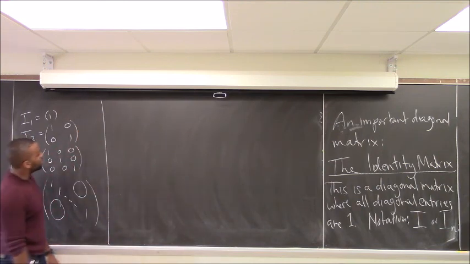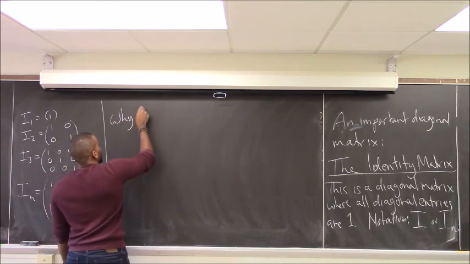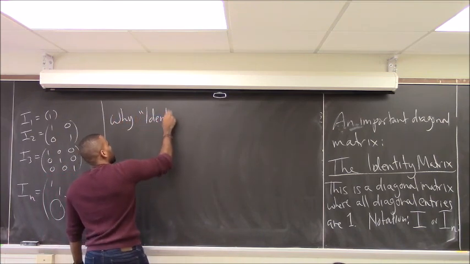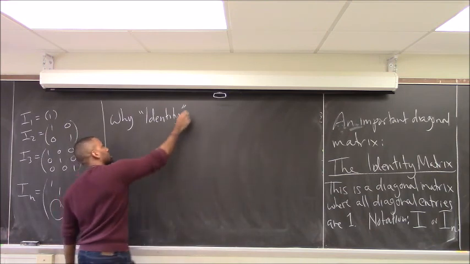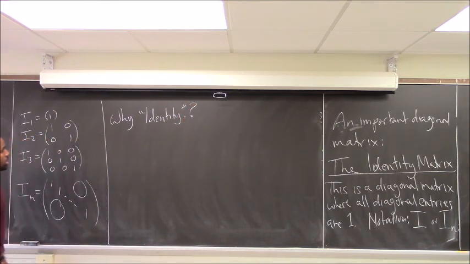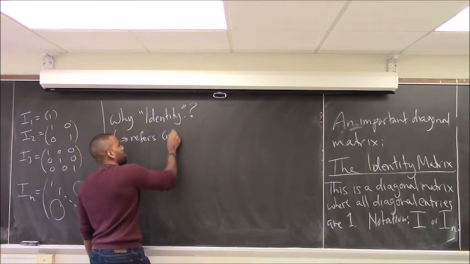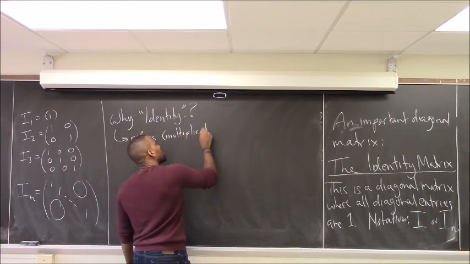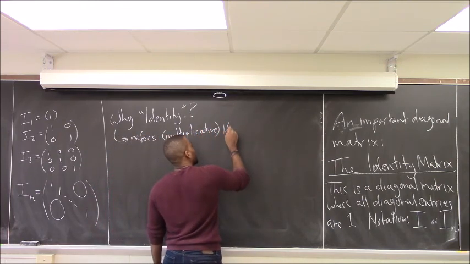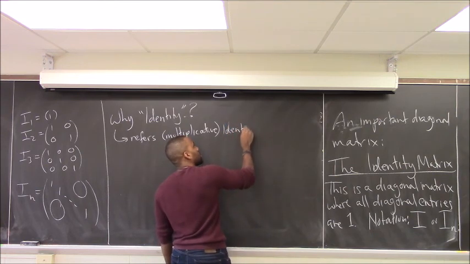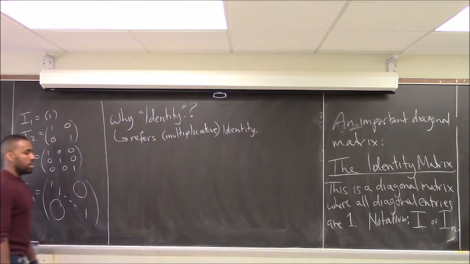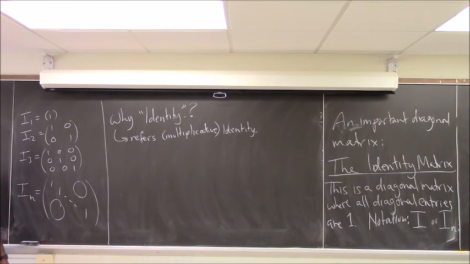Now, why identity might be a question you might be asking. Well, it refers to multiplicative identity. Kind of like how 1 is the multiplicative identity for the real numbers, the I is the multiplicative identity, or some version of the I can be a multiplicative identity in the land of matrices.